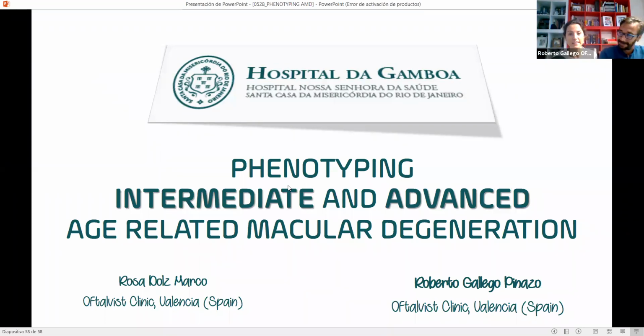With intermediate AMD, I try to prescribe, because at least it's the only thing I can do. I advise to quit smoking, have a healthy diet, and wear sunglasses. And I explain that the only thing they can do in addition is taking some vitamins. I don't put the expectation high. I just explain that there is some information that we see some decrease in the progression.